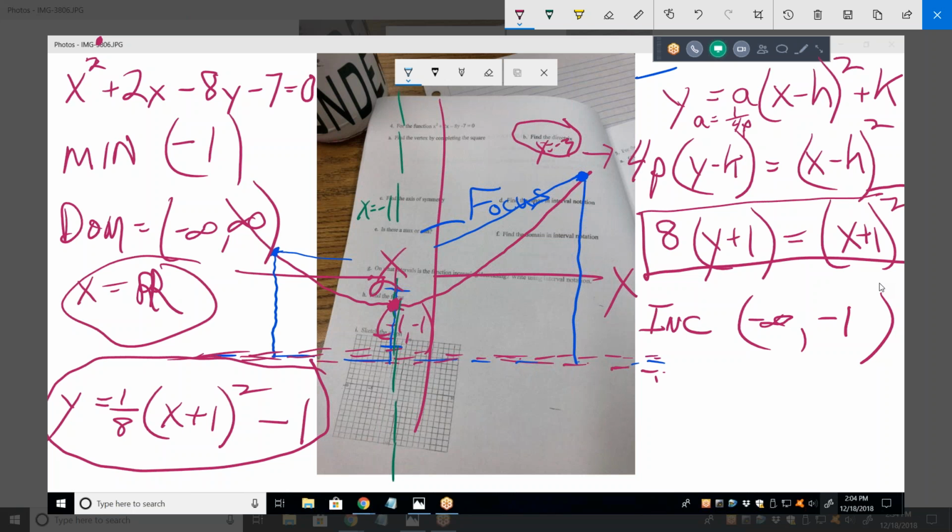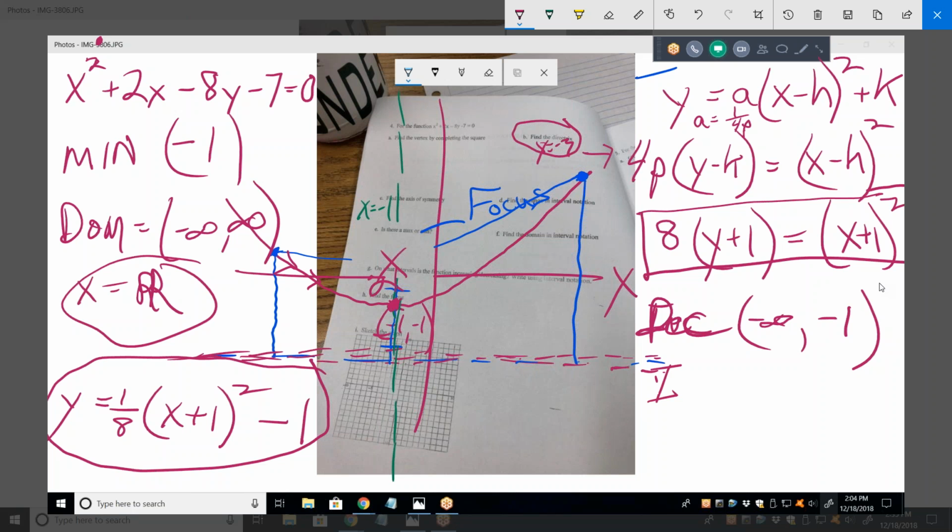And that is a bracket. No, it isn't, excuse me. That is a parenthesis, because at -1 it is no longer decreasing. At -1, it's flat. So we go right up to -1. And that was decreasing, right? Which means we're going downhill.